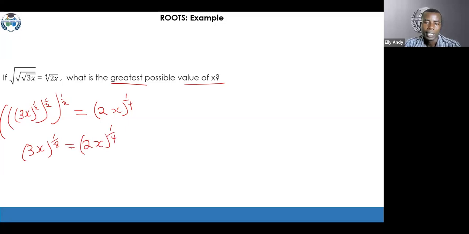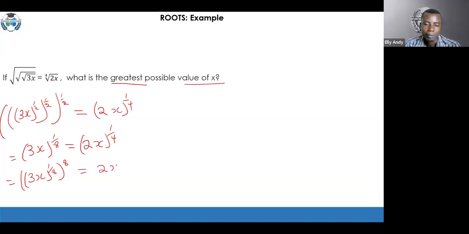Now we have an equality sign here, which means whatever we do to one side, we must do to the other. So I'm looking for a way to simplify 3x raised to power 1/8 or 2x raised to power a quarter, especially if I can get rid of the exponents. So I can raise the whole thing to power 8 to get rid of the exponent.